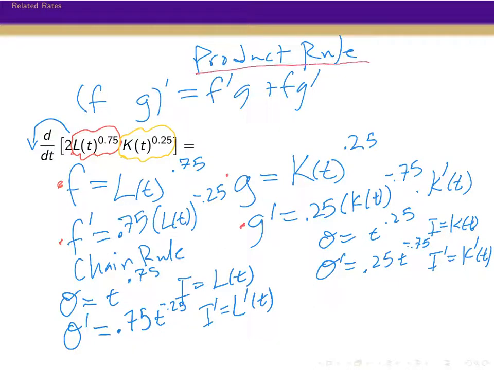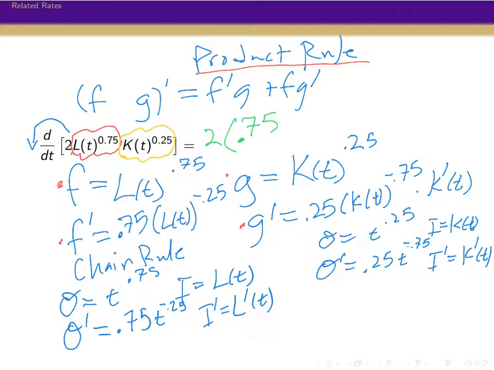So we can go back and apply the product rule. Applying the product rule here, we pulled the 2 out, and then we have F prime G. So it's going to be 0.75.